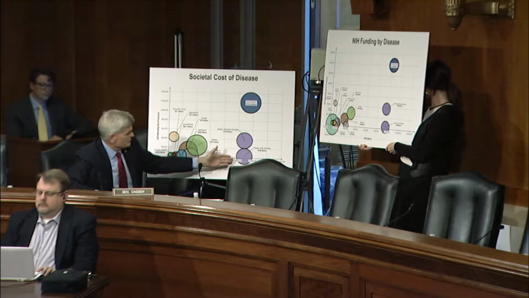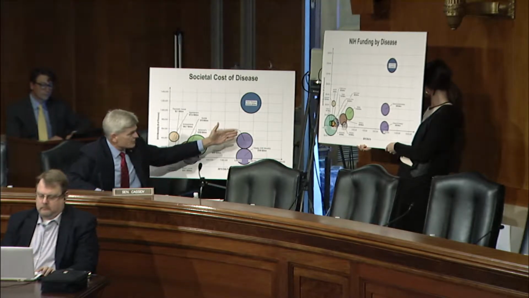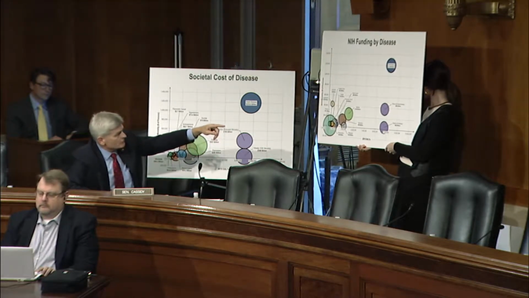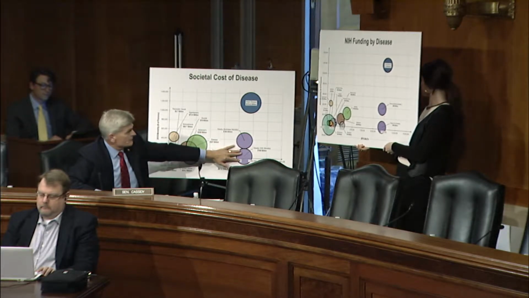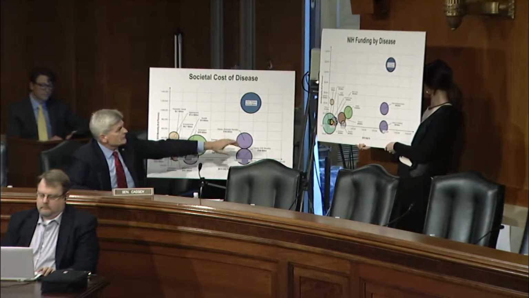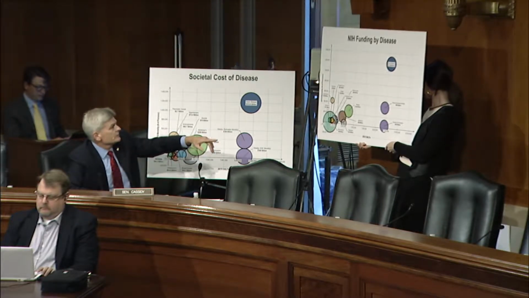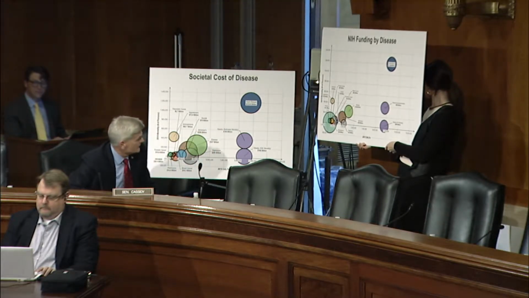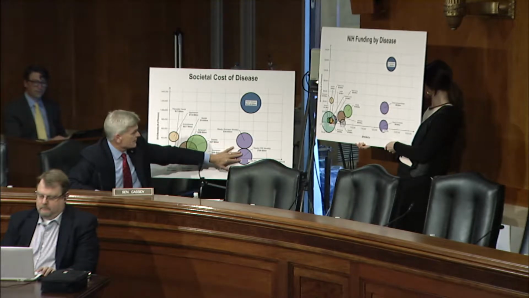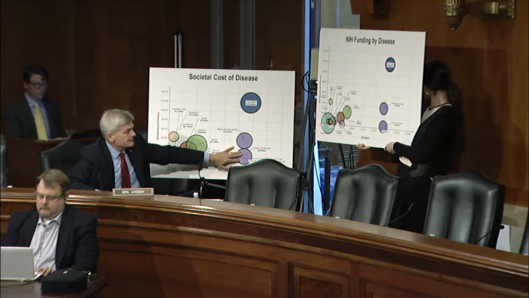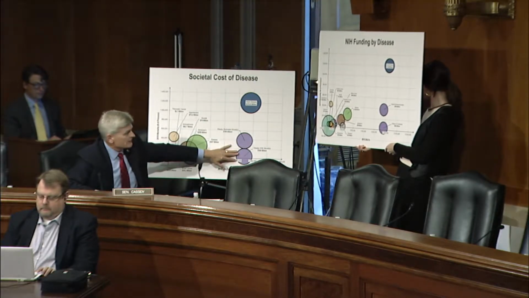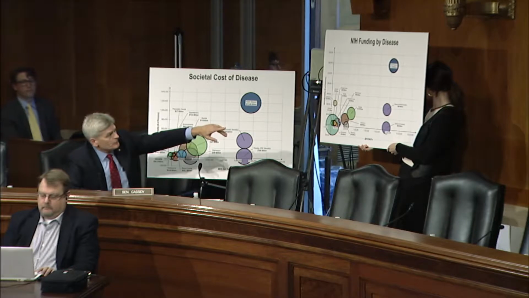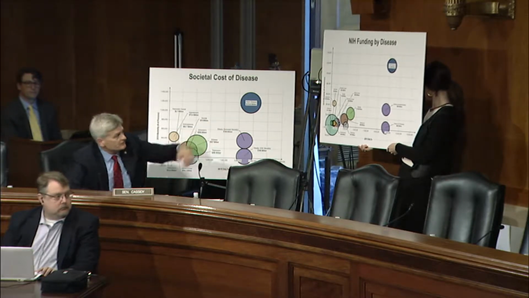This scale can't do justice to how much of a difference there is between the societal cost of obesity and its funding. It's $965 million in NIH funding, even though it costs us $190 billion.